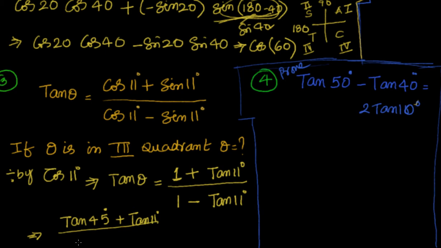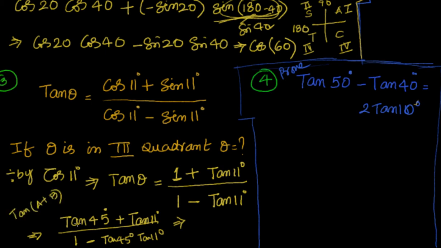Tan A plus tan B by 1 minus tan A tan B, where tan 45 is equal to 1. So even if I don't write it, it is fine, 1 into tan 11. Now what is this formula? Tan A plus tan B by 1 minus tan A tan B. That is nothing but the formula for tan of A plus B.